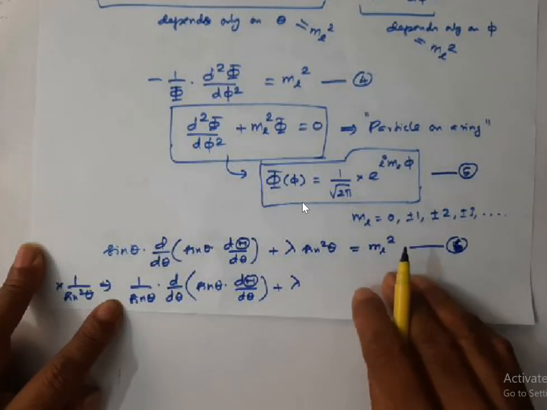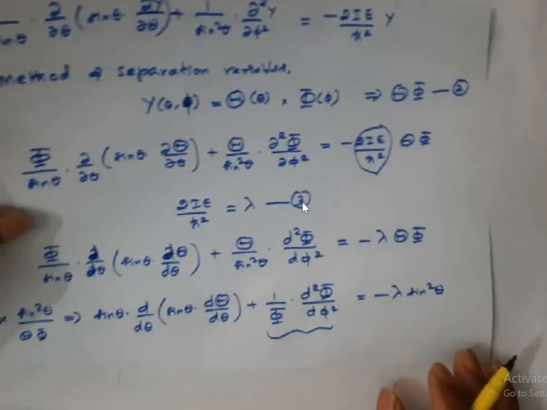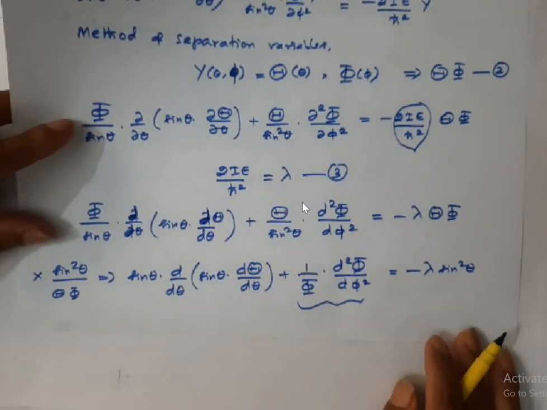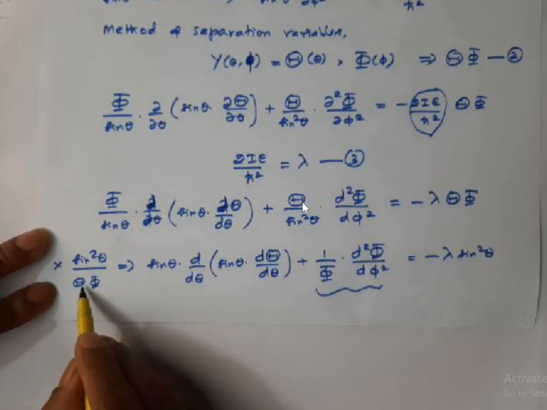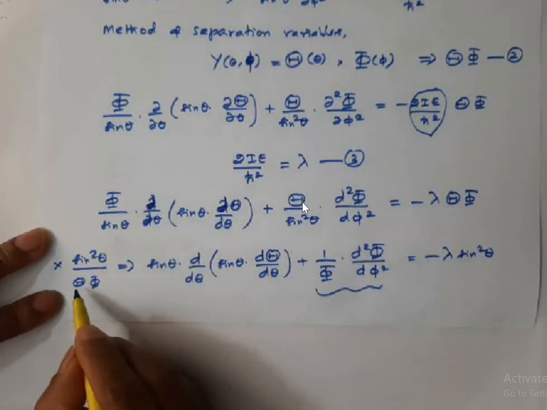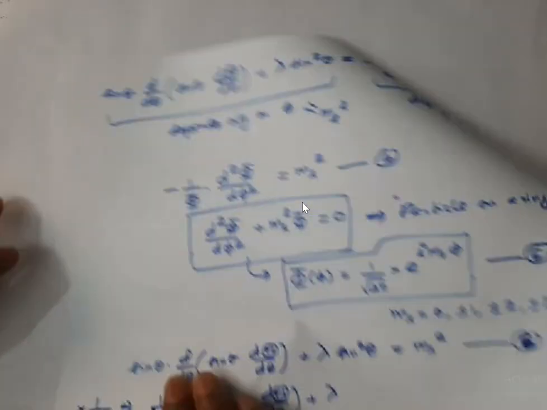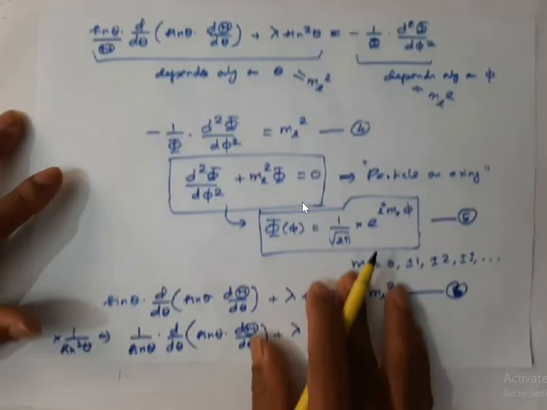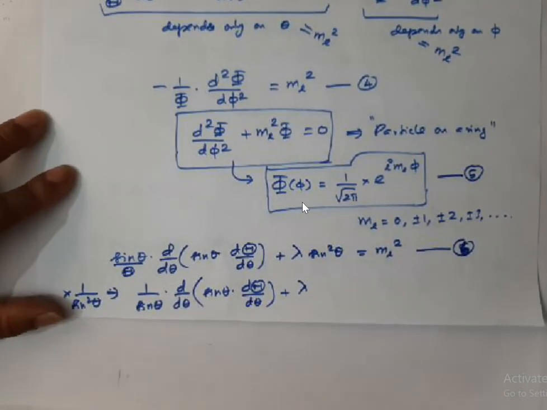I think I may have made a mistake. When I multiplied by sin square theta by big theta phi, the phi cancels, and the big theta should remain, but I left it out. I'm sorry, keep this change in your paper. Big theta should be there.